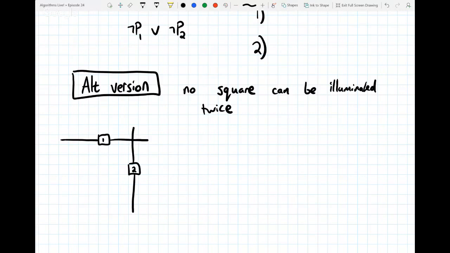This is an important change in the problem. It makes the problem a little bit more interesting, in my opinion. So if two things are diagonal like this and they're within a certain striking distance of each other, what you need to basically force is they either both have to be horizontal or they both have to be vertical. That's the extra constraint we need to add to this implication graph.